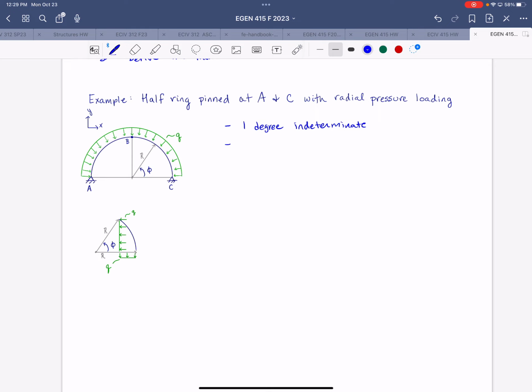So the strategy that I'm going to take: we release 1 constraint to get it to determinate. You can pick any one of those 4 reactions to release. I'm going to pick the horizontal reaction at C. Essentially, we're going to release the pin at C horizontally and replace it with a constraint force.